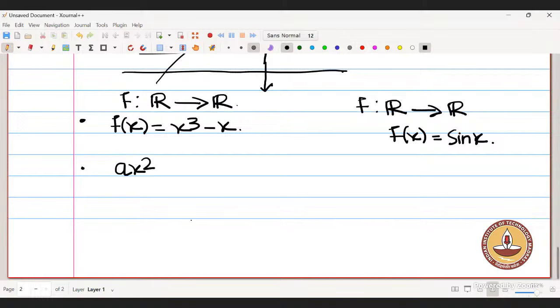If you can write a function in this form, then you call the function a quadratic function. But log x has a power expansion, so you can't actually write log x in this form.